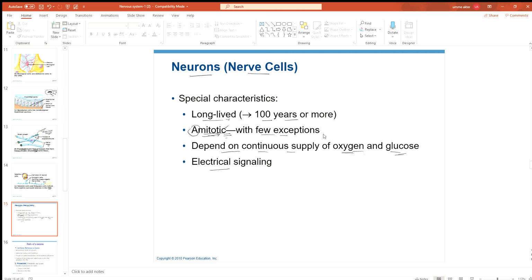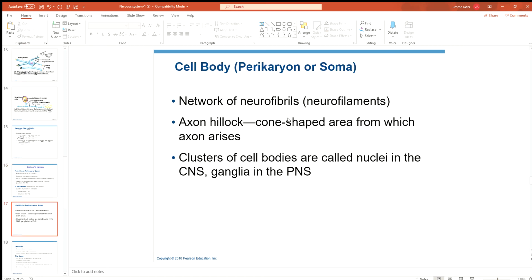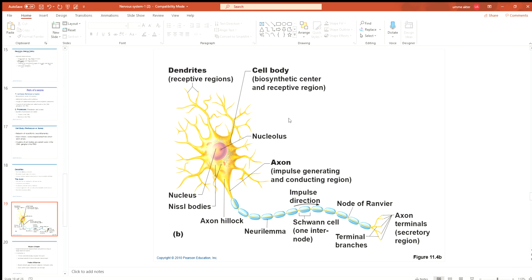Electrical signal transmission is the way signal is transmitted through the neuron. So neurons transmit by electrical signal. Parts of a neuron: if you see the structure of a typical neuron, a neuron has a cell body. So this is the cell body here.